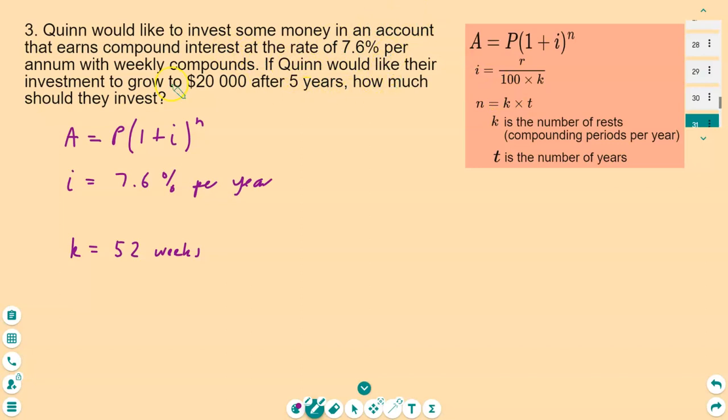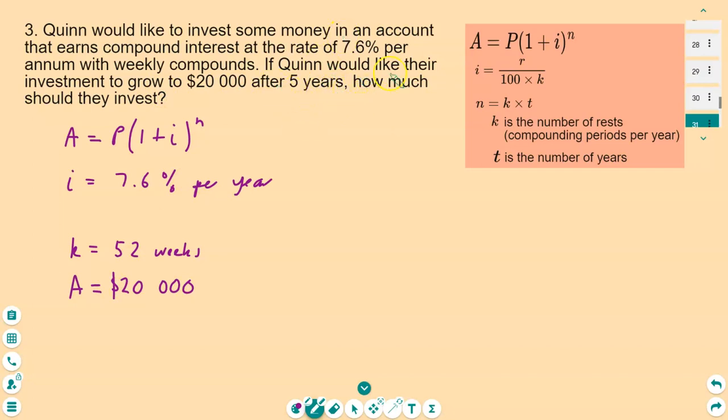If Quinn would like their investment to grow to $20,000 after 5 years, how much should they invest? So it's a bit of a different one. We're usually calculating A, but this time we know how much it amounts to. We know how much it wants to grow to, that future value. They want it to grow to a future value of $20,000.